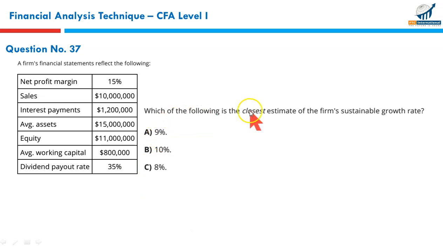Okay, which of the following is the closest estimate of the firm's sustainable growth rate? This question needs some serious thinking. We can do it from two aspects: the long shot and the quick way. Let's see. We know the formula. The sustainable growth rate is equal to return on equity multiplied by the retention rate, or simply 1 minus dividend payout ratio.